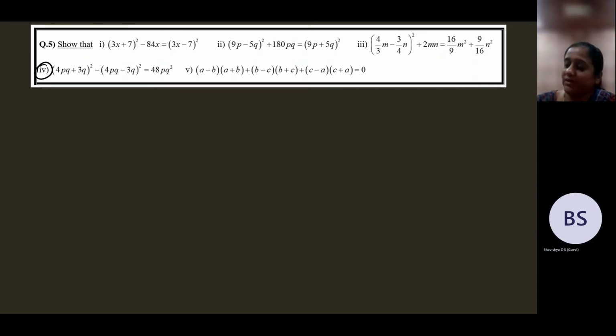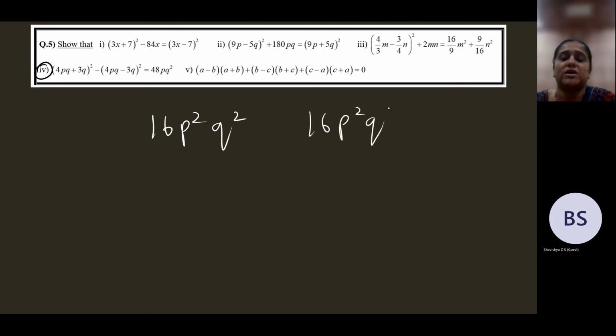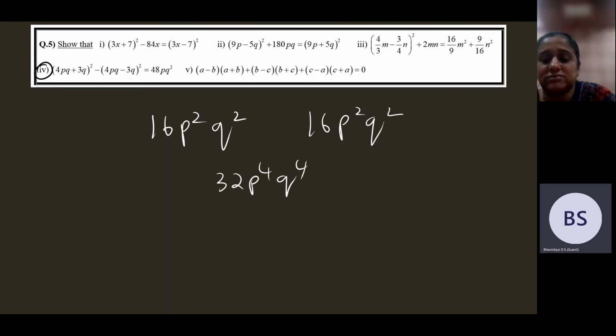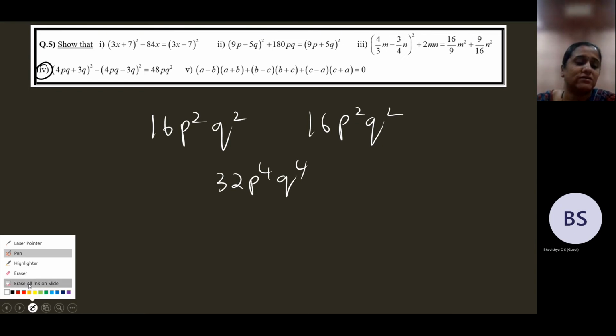No, that means I think while adding, see, like when you have something like 16 p square q square and for example, another 16 p square q square, you have written 32 p to the power 4 q to the power 4. Have you done something like this? No, ma'am, I have first done the first two, ma'am. 4 p square plus 3 q whole square. Okay, I think you shared your answer. I'll see.